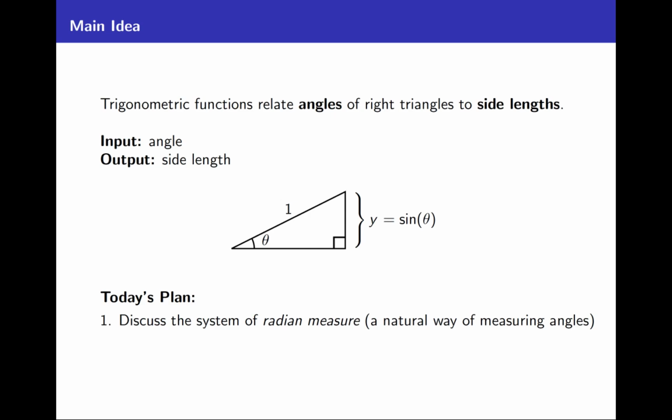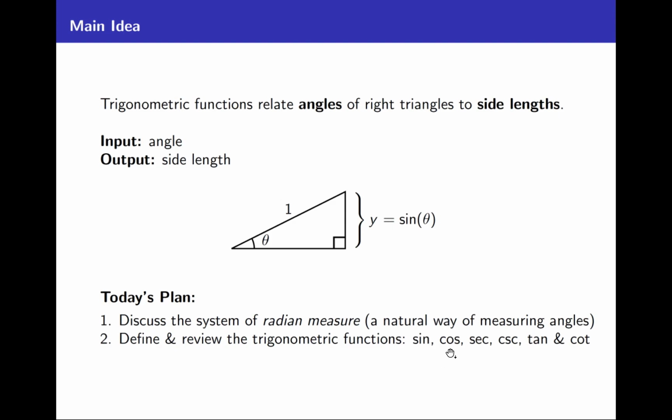Today's plan is to, first of all, discuss the system of radian measure, which is a very natural way of measuring angles that's used almost exclusively in calculus and higher math. Then we'll define and review the trigonometric functions sine, cosine, secant, cosecant, tangent, and cotangent.